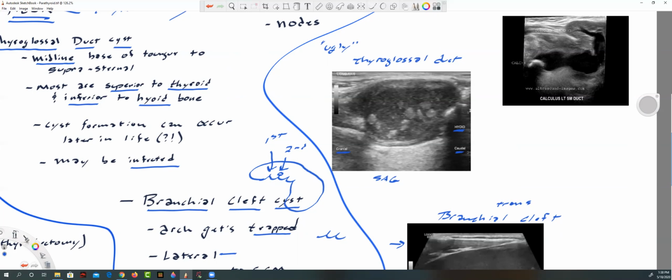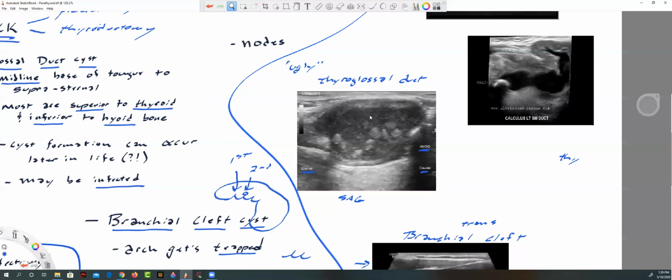So this one, instead of being between the hyoid and the thyroid, which is going to be down about here, we'll say our thyroid is there, and we find most of these cysts in here. This one's just superior, just cranial to the hyoid bone. Oh, in any case, just going to be a harmless cyst.